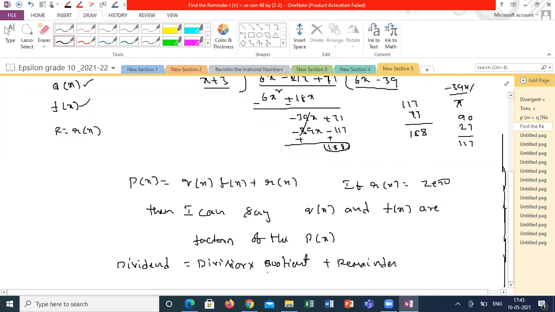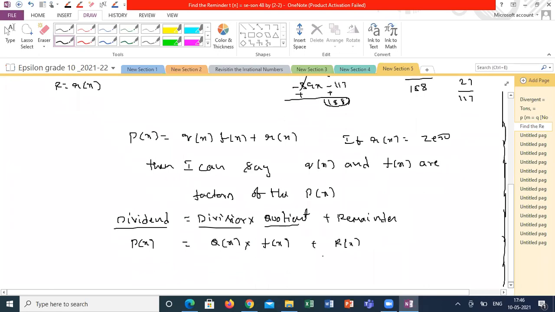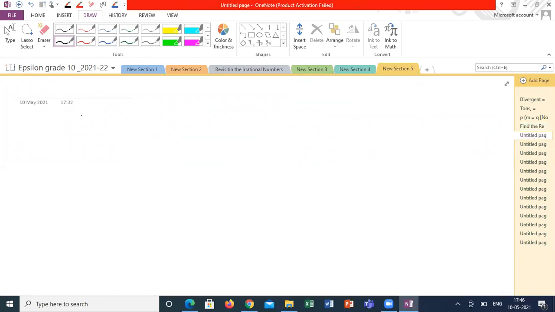If the remainder is 0, divisor and quotient are factors of the dividend, correct? Suppose this is p of x, this is q of x, this is f of x, and this will be r of x. If r of x is 0, I can say q of x and f of x are factors of p of x.